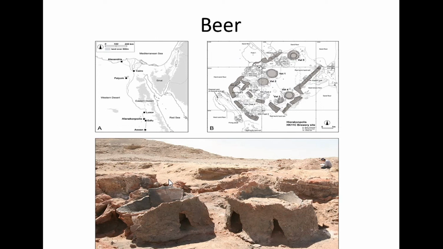Analysis of residues in the vats have confirmed that it was beer. It was what the world would recognise as beer was made here, and it was recommended these vats alone, when operating at full capacity, could make 325 litres of beer per round of manufacturing.